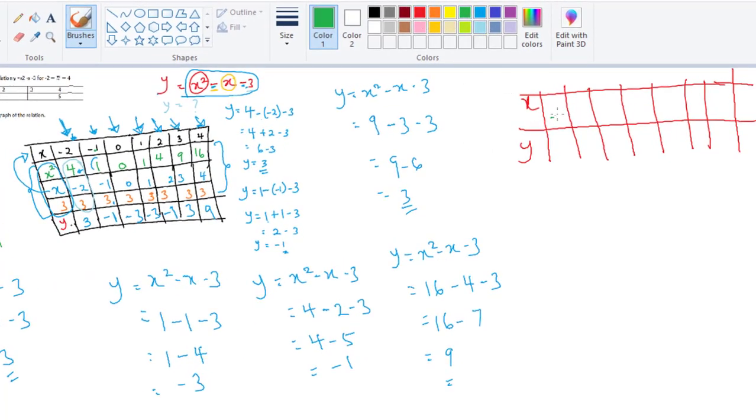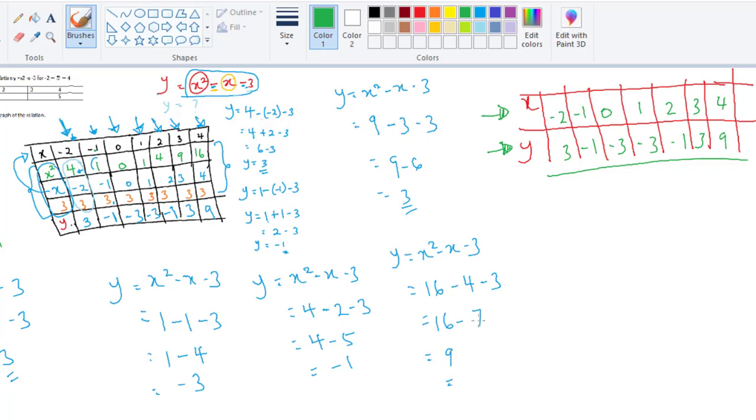So x was -2, -1, 0, 1, 2, 3, 4. Our y values were 3, -1, -3, -3, -1, 3, and 9. So we need these values for our x and y to be able to come out with our graph.